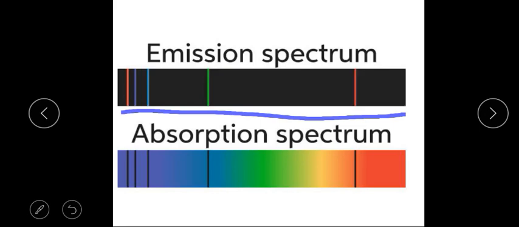That is called the line emission spectrum, and the spectrum produced by the radiation emitted by an excited element is known as the characteristic spectrum of the element. I will give two examples.